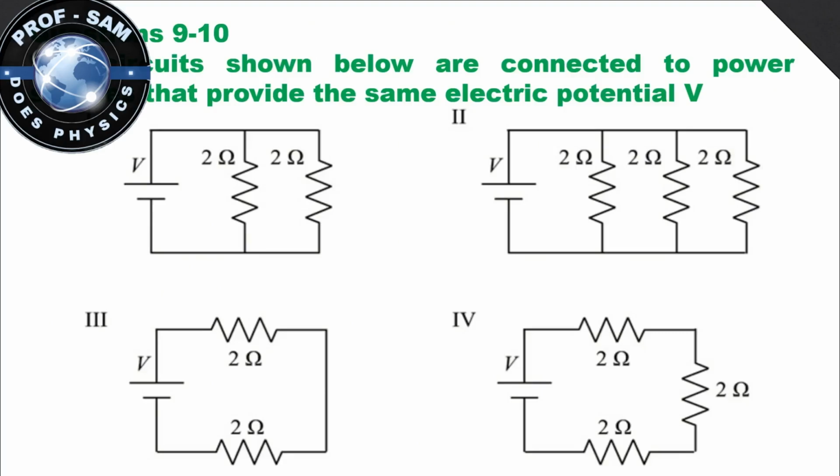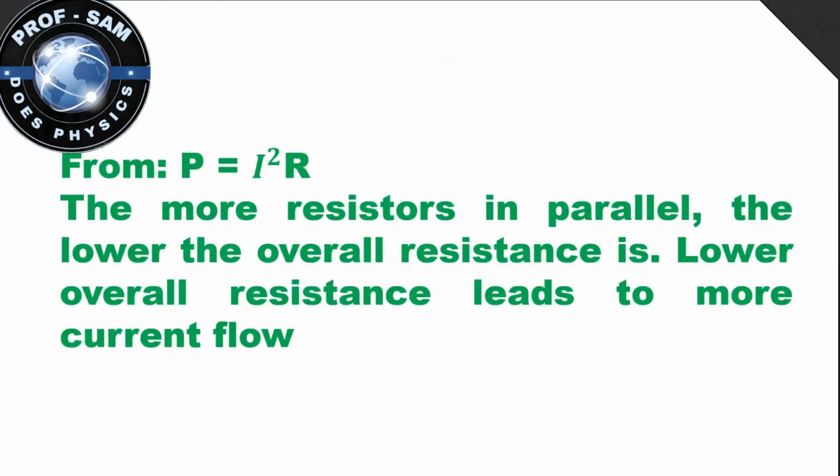Applying P equals I squared R, the more resistors in parallel, the lower the overall resistance will be. And the lower overall resistance will lead to more current flow. So option B is the correct answer there.